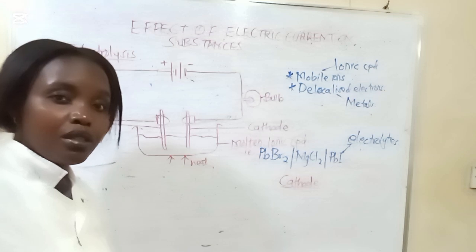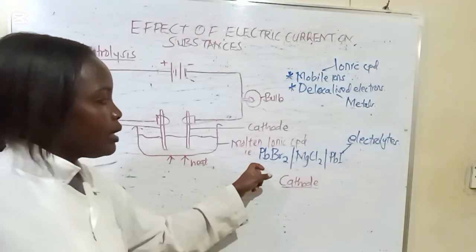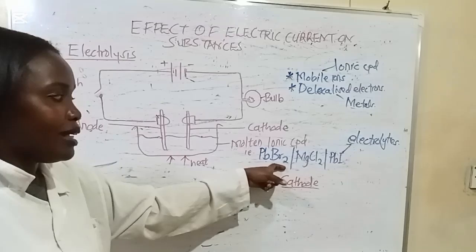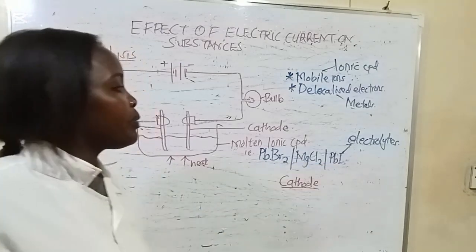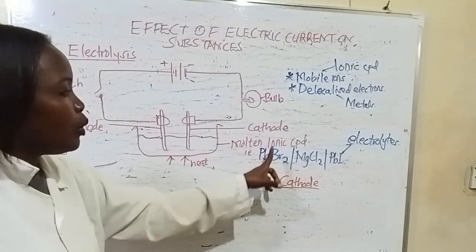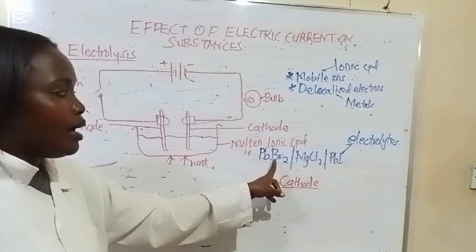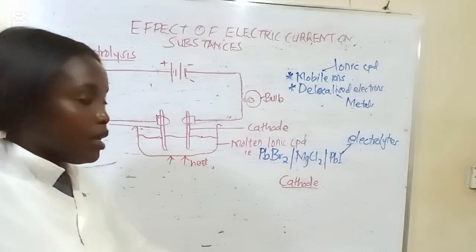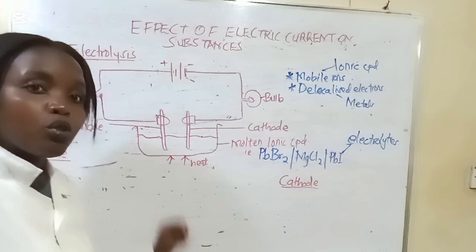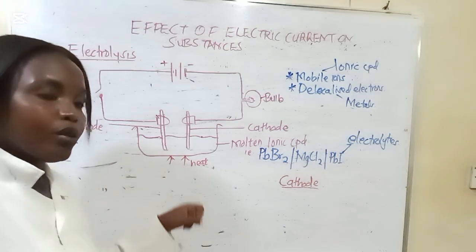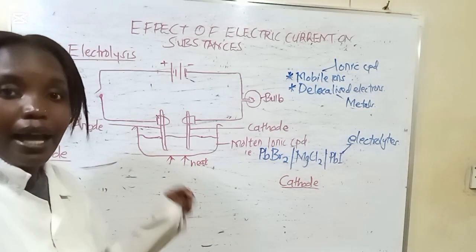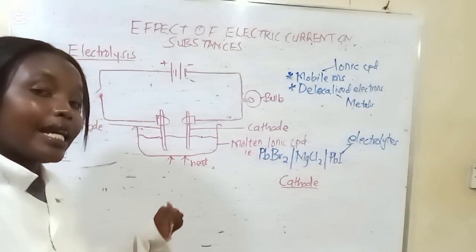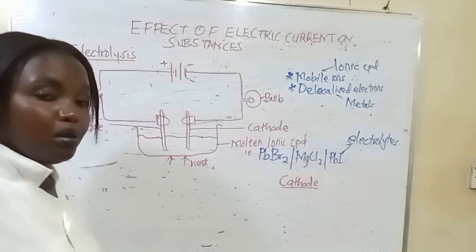Meaning if we are decomposing our electrolytes, that is lead 2 bromide, magnesium chloride, and lead 2 iodide, we are going to break these ionic compounds to form ions. So if it is lead 2 bromide, we're going to form which ions? Lead 2 ions and bromide ions. Magnesium chloride, you're going to form magnesium ions and chloride ions, and so on and so forth.